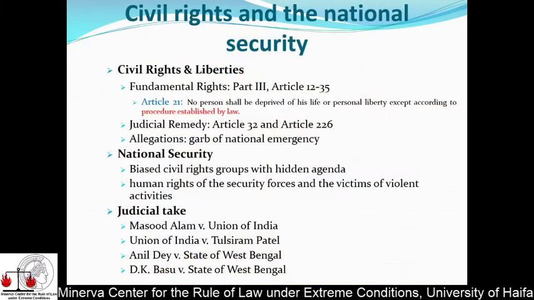But these civil rights groups rarely mention the civil rights of the victims who are affected by terrorist acts and insurgencies. They mostly support the rights of those who have been arrested by the security forces, or those who are killed in counterinsurgency operations.